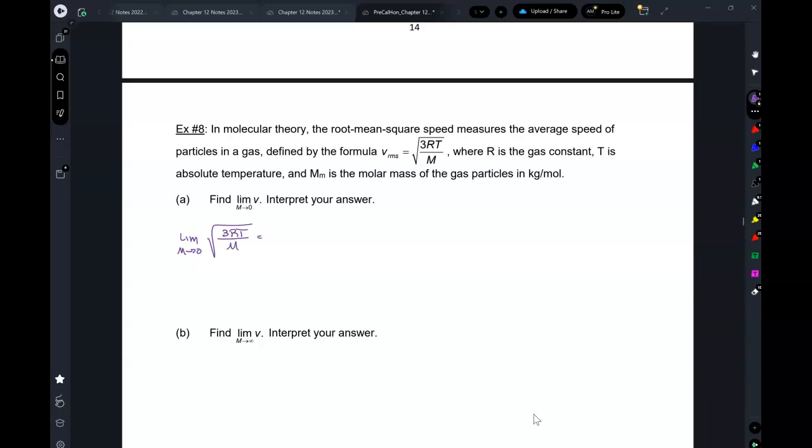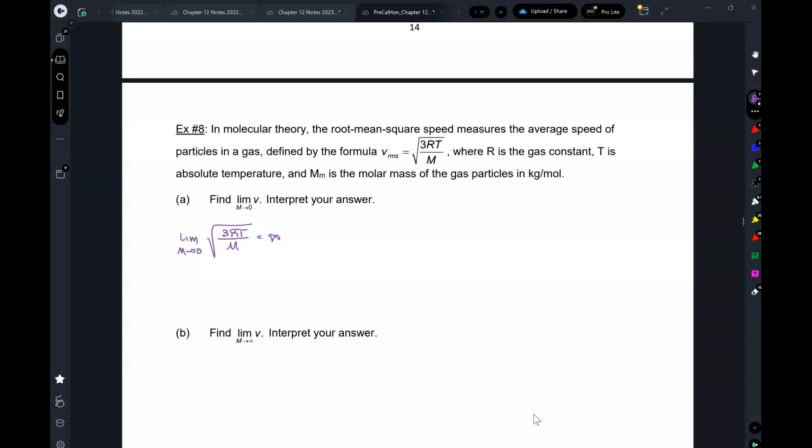Okay, so m is in the denominator. As the denominator approaches 0, what happens to the entire fraction? It becomes infinitely large, right? So this is going to be infinity. So the limit is infinity, okay?